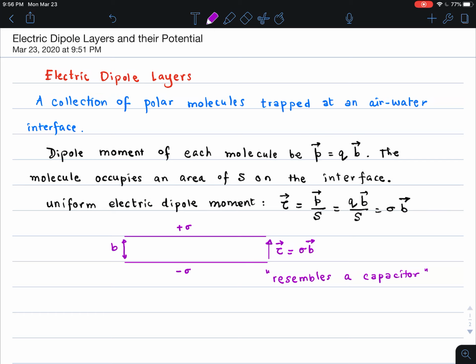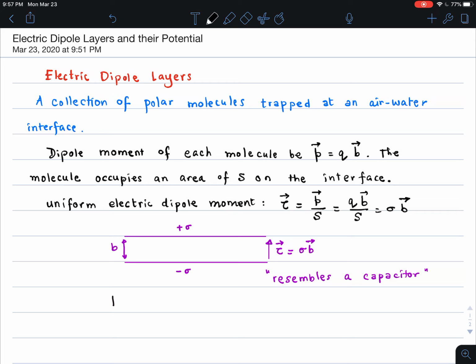And we will see a lot of similarities between the potential of a capacitor versus the potential of this dipole layer.